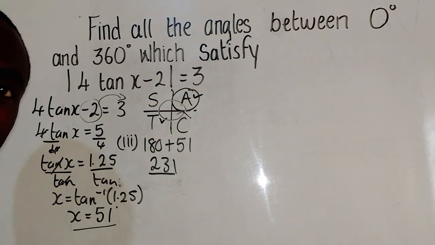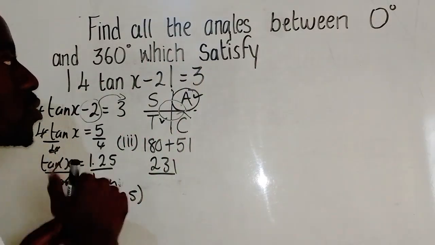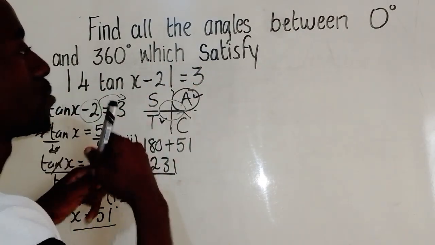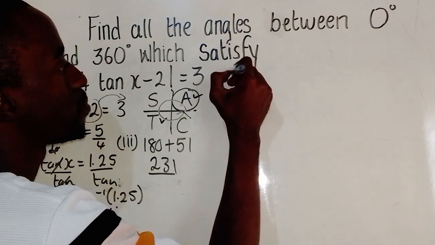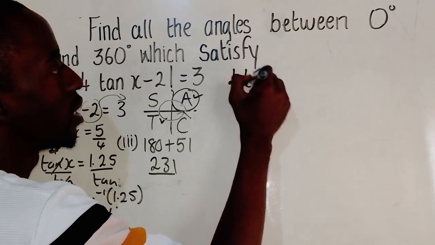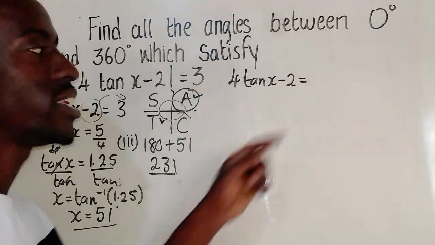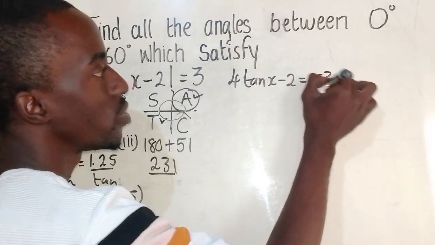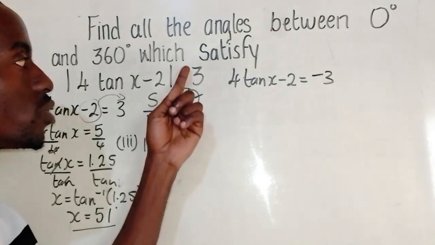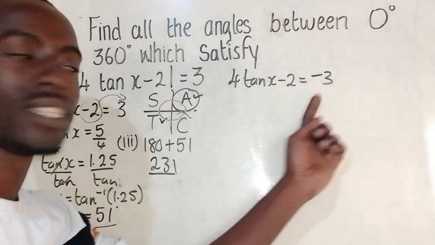If you want to solve for the negative, again you pick the same equation the way it is. So it is 4 tan x − 2, and here you introduce a negative 3. Here we were solving for the positive, now it's for the negative.